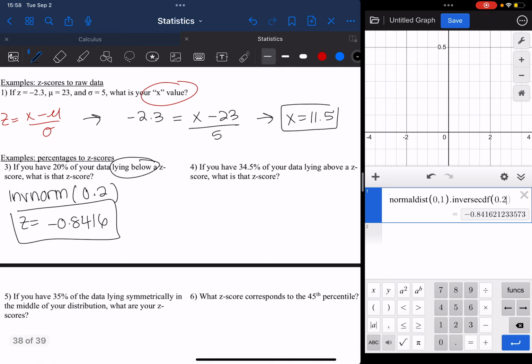So here, I can't simply type in that 34.5 because that is only going to give me one side. And I'll show you that here. If I was to delete this and turn 34.5% into a decimal, that would be 0.345.